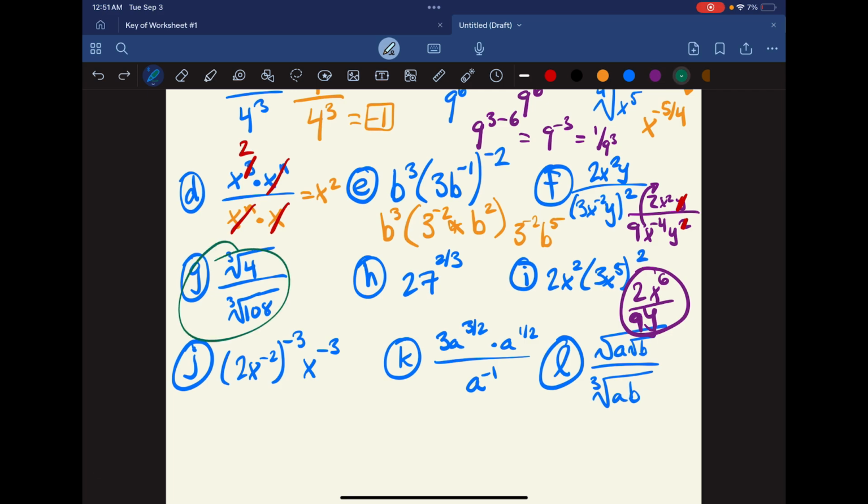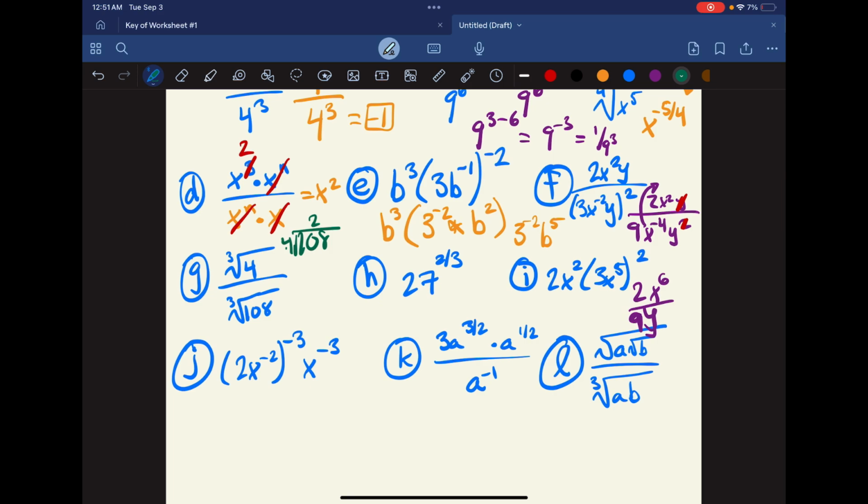All right, so for g, we're dealing with this. Whenever you see this, it's usually a hint that you need to factor out a perfect cube. So I'm just going to divide 108 by 4.